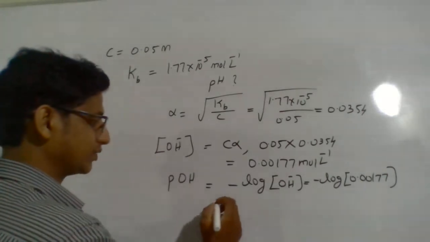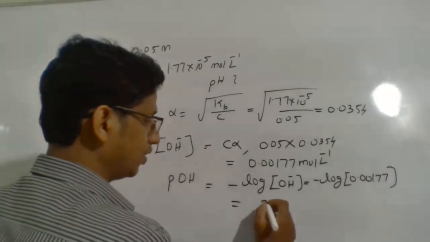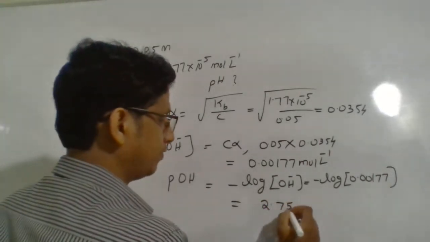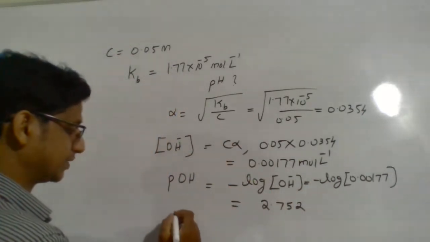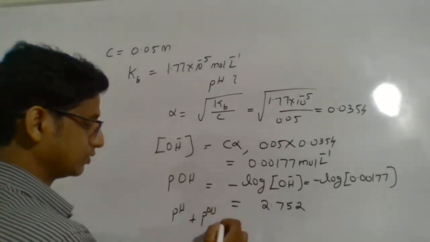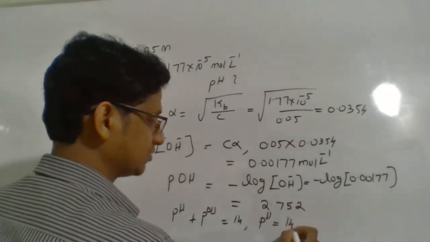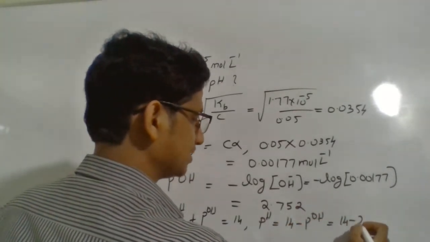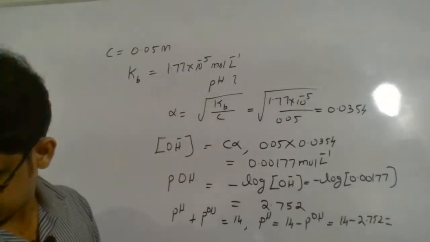If you do that calculation, you will get pOH, which will come around 2.752. Once you got pOH, you can find the pH, because pH plus pOH is equal to 14. So pH will be 14 minus pOH, which is equal to 14 minus 2.752.